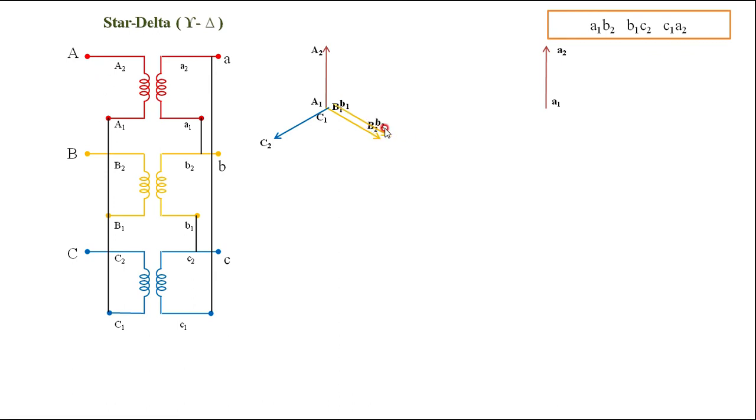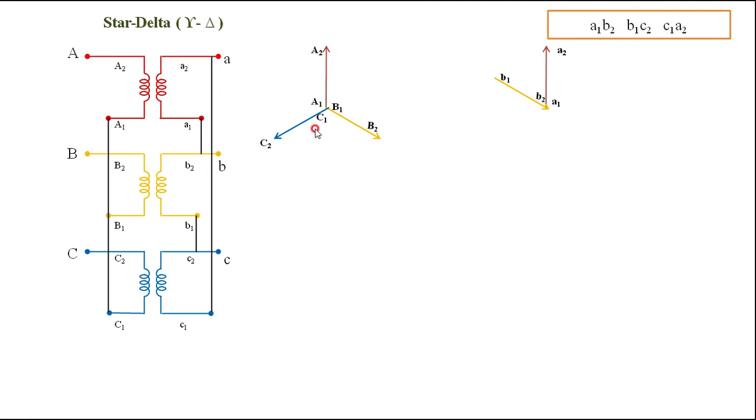Similarly, the lowercase b1 b2 is in phase with B1 B2 of the primary. Therefore, I am adding here because my connection is A1 B2. You can see here it is A1 B2. I am drawing it parallel for this connection, A1 B2.